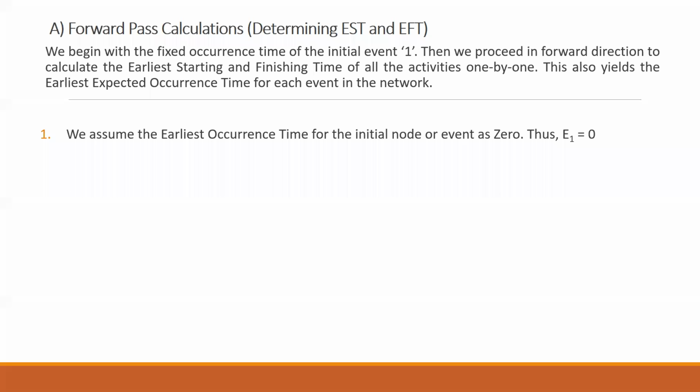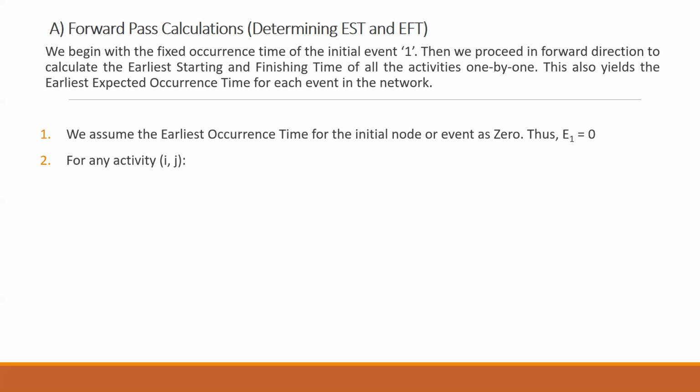Using this value, I can find the earliest starting time, say ESij. So ESij will be equal to Ei, that is 0. If it is the first activity, say activity 1, 2, then the early start ES1,2 will be equal to 0.